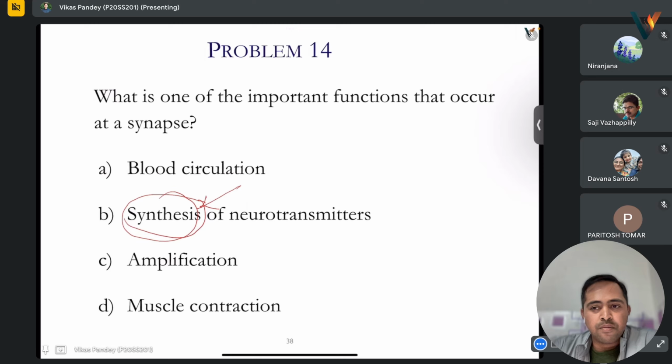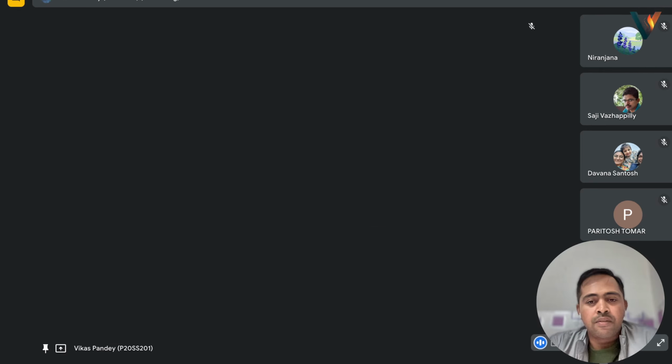The synapse also acts like a receptive zone where EPSPs or IPSPs get computed, signals get added or deleted. Synthesis of neurotransmitters happens at the soma, in the cell body of the neuron itself. So not at the synapse, right? There only release of the neurotransmitter happens at the synapse. So synthesis actually happens in the cell body.